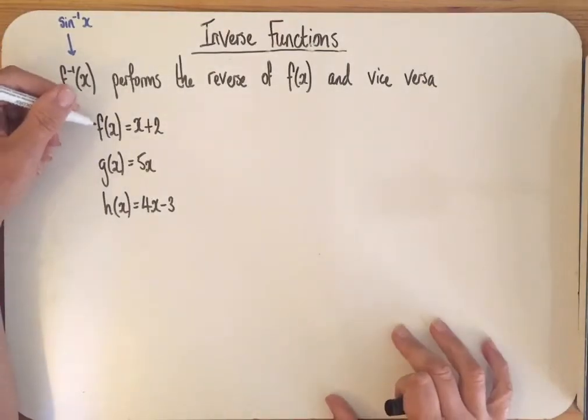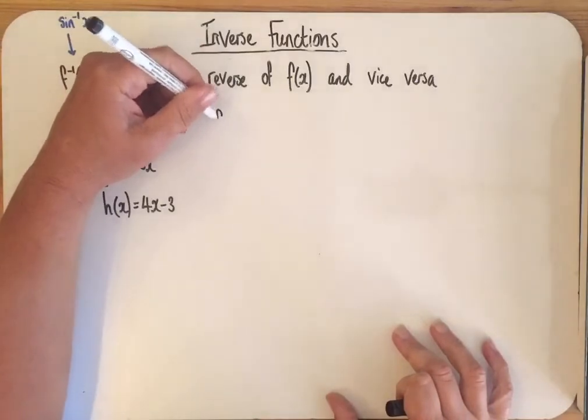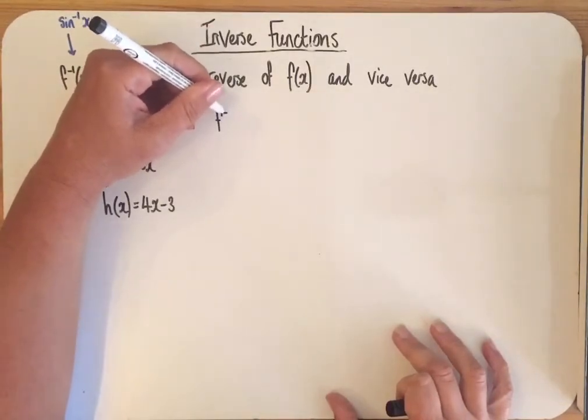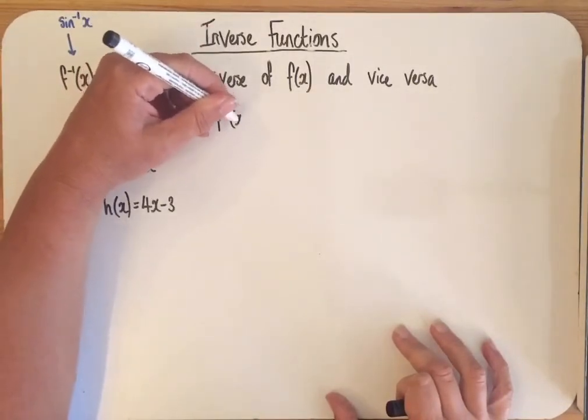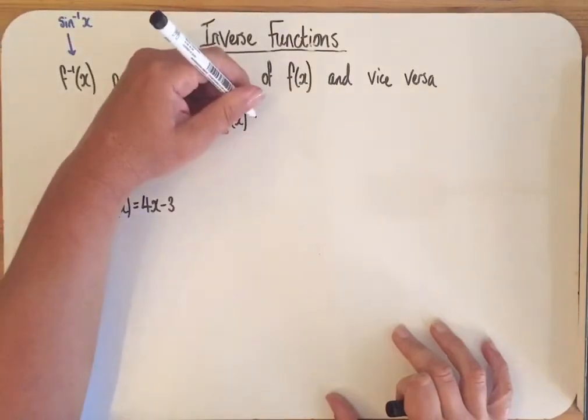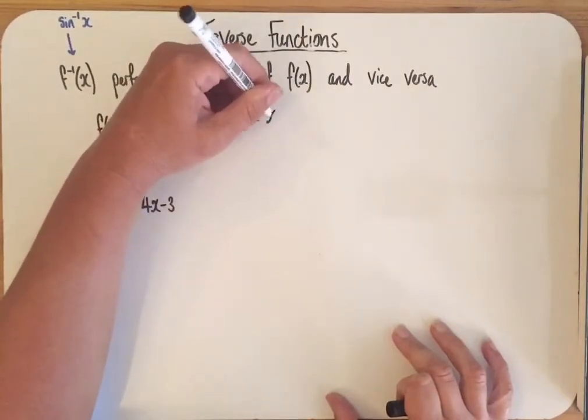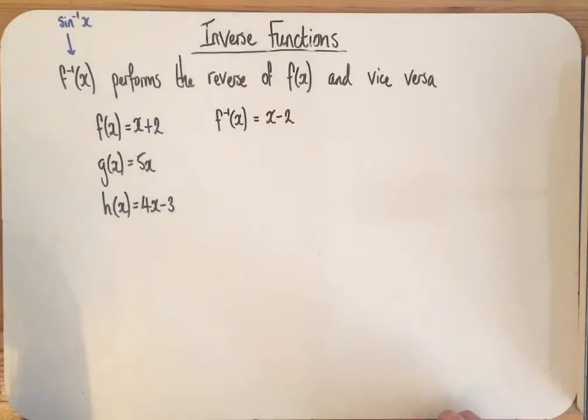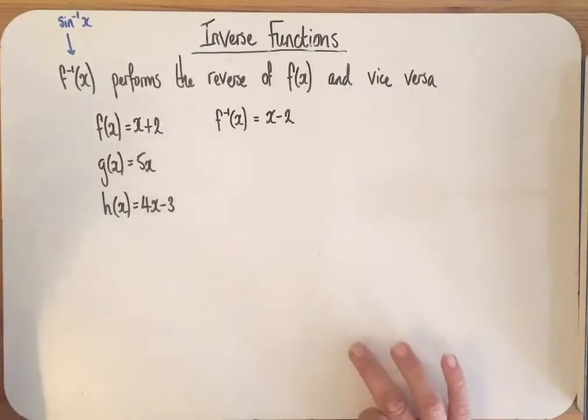So if f of x is x plus 2, the inverse of f of x is equal to x minus 2. So it takes you back to where you started.